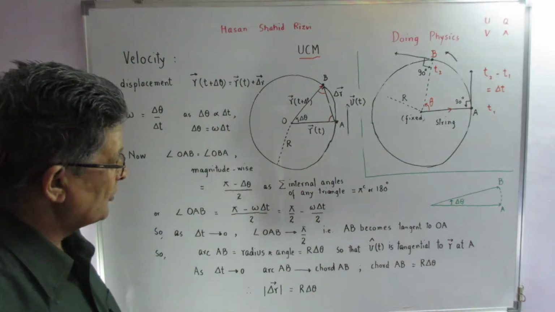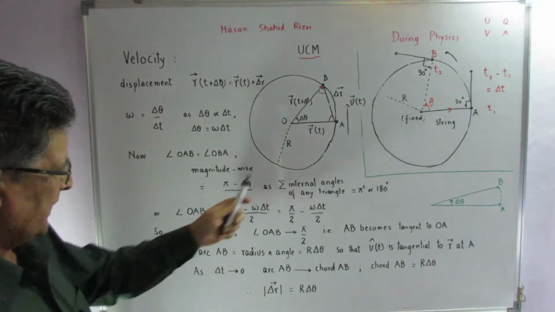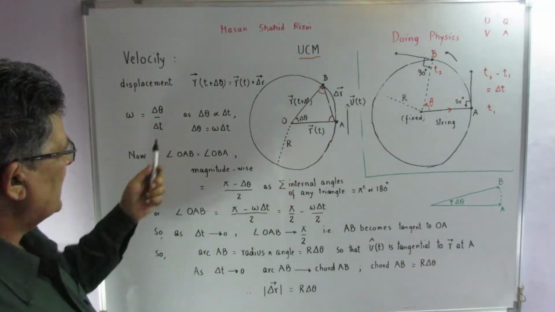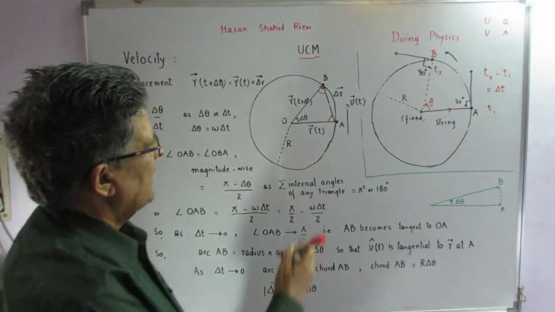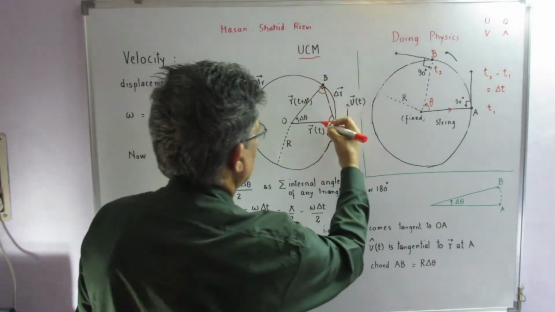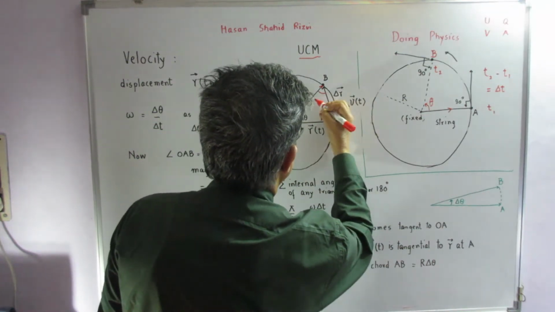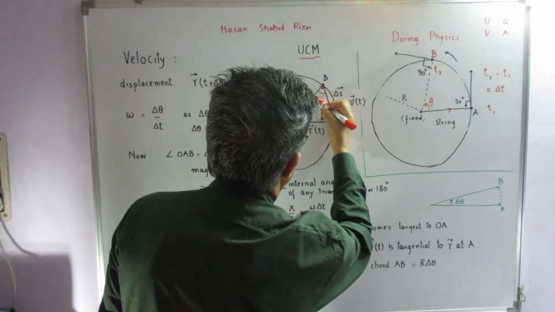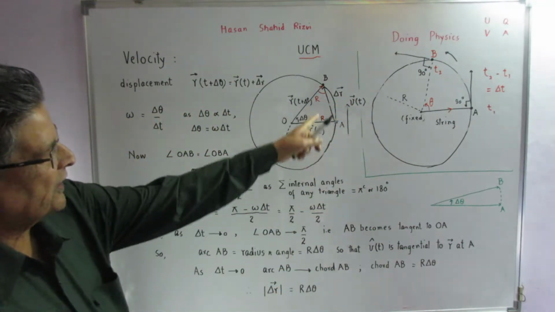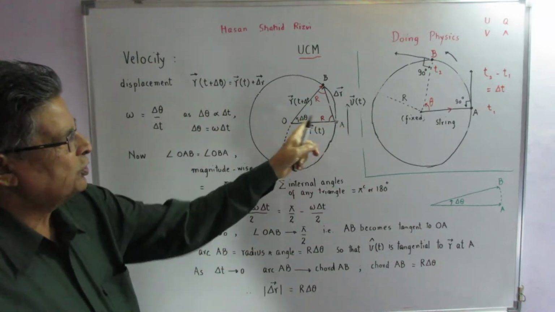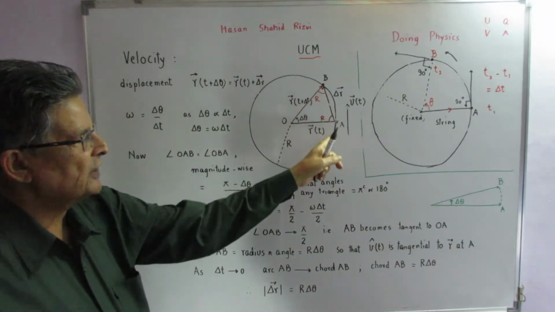This is a very well known fact from our junior classes. So taking advantage of this relation, we try to find out what the value of this is. Number 2, this is r, this one is r, and this one is also r, the distance from the center to the circumference. These two are equal, and therefore this becomes an isosceles triangle.